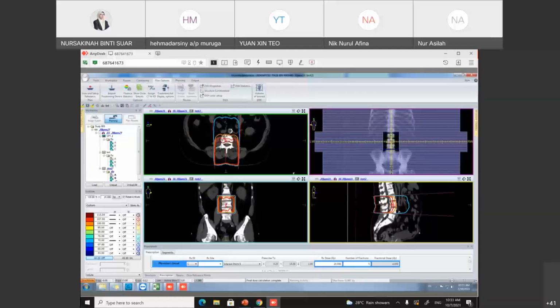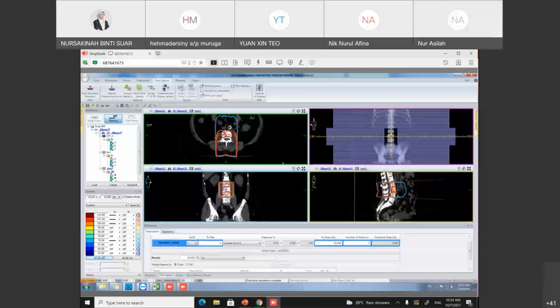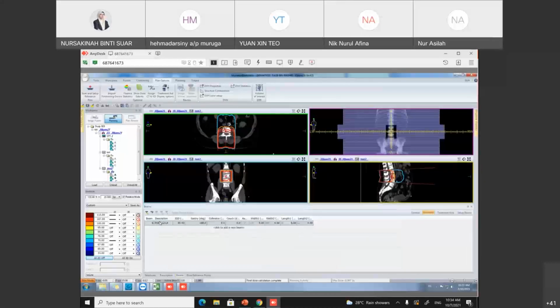So how should we do now to make sure our plan is 100% at the vertebra as the doctor requires? So now we can apply the two beam technique. Just now is one beam from posterior only. So now we can actually add another beam from anterior.